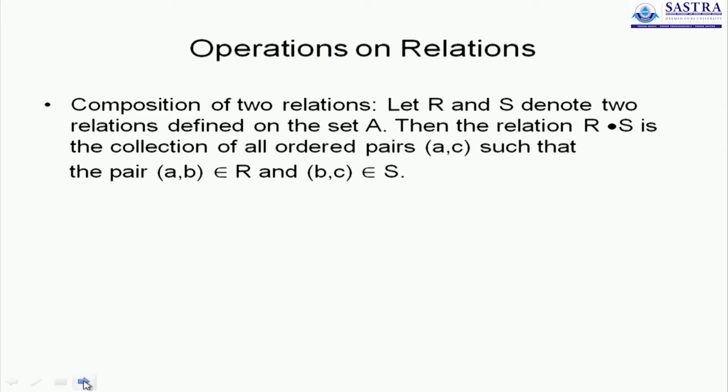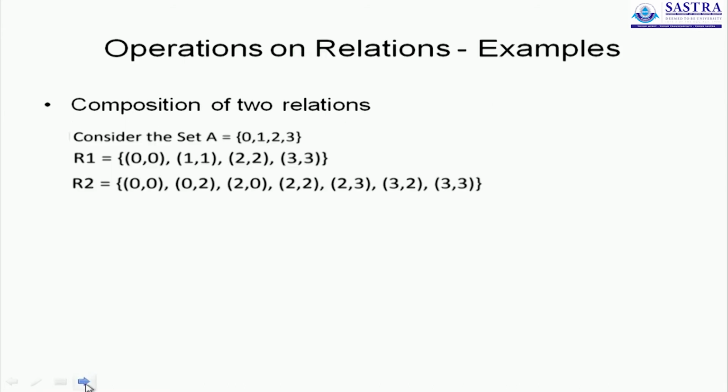The next part is about the composition of two relations R and S. Let R and S denote two relations defined on the set A. Then the relation R dot S, the dot will signify the composition, is all ordered pairs included where the pair AB belongs to the first set and the pair BC belongs to the second set. We will look at an example here.